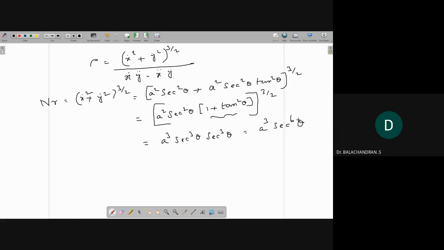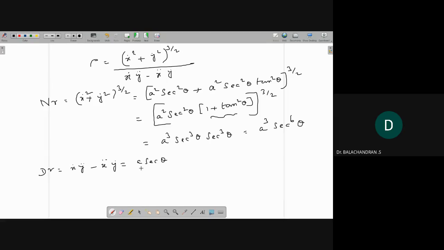Now the denominator is equal to x dot into y double dot minus x double dot into y dot. x dot is a secant theta tan theta... A secant square theta is correct.